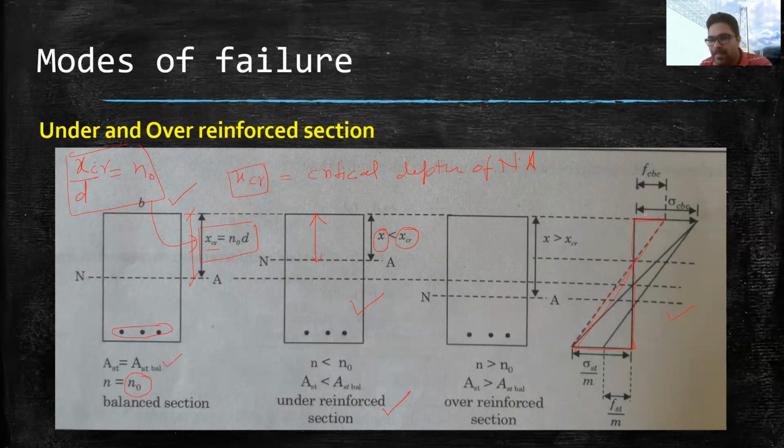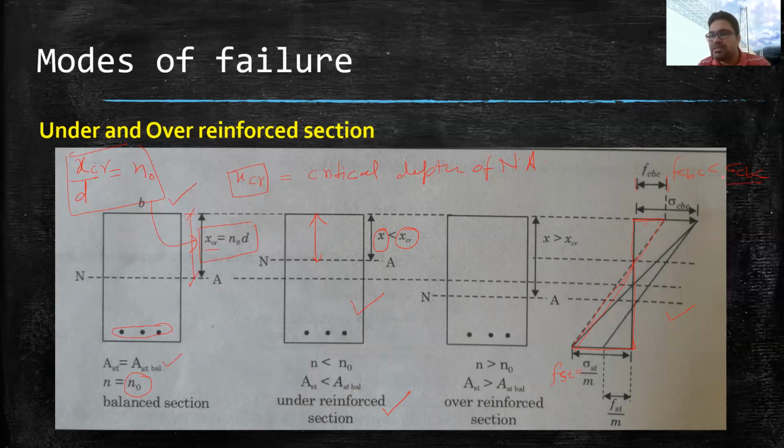Corresponding to this, the actual stress in concrete FCBC is less than sigma CBC in case of an under reinforced section, while FST is equal to sigma ST by M. So FST will be equal to sigma ST, while FCBC will be less than sigma CBC.